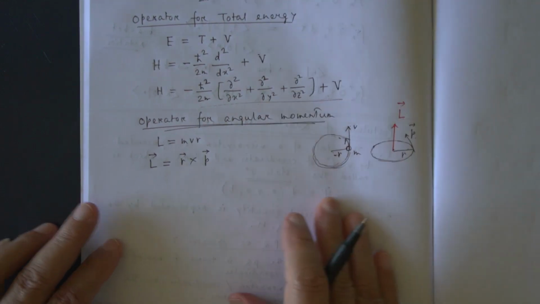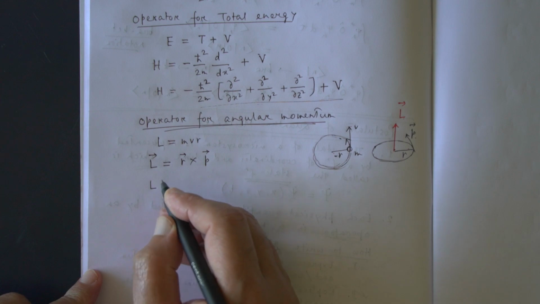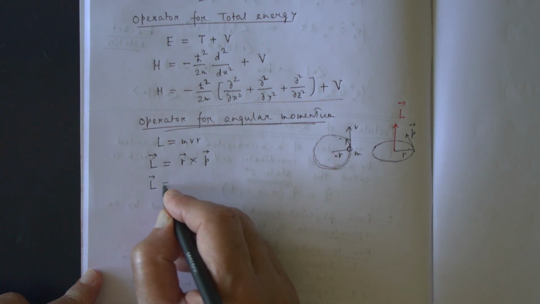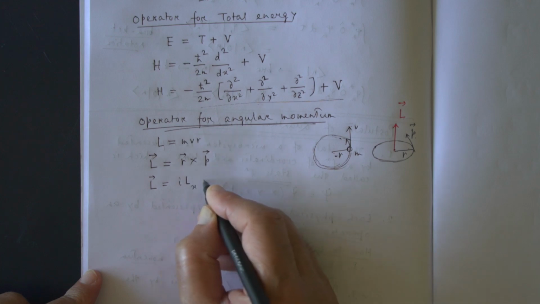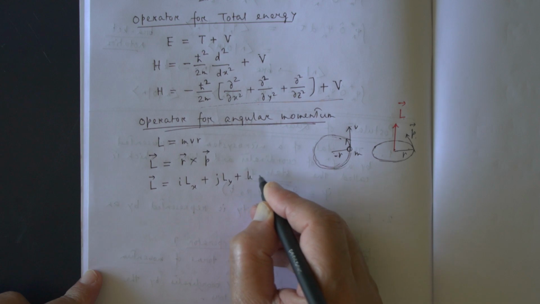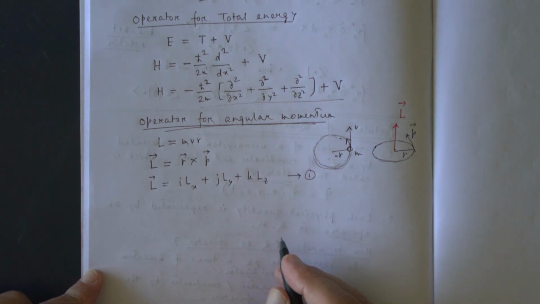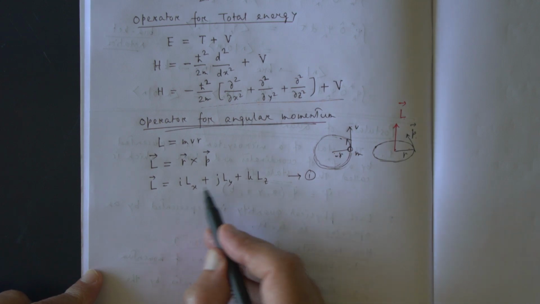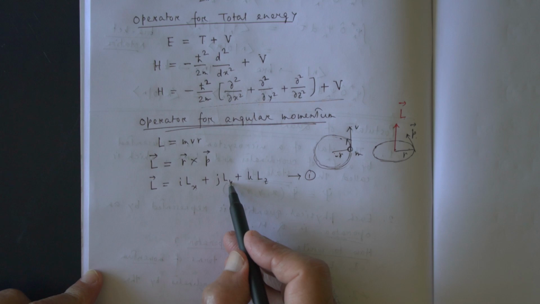Since this is a vector quantity, it will have components. So I can write in terms of unit vectors like this: i Lx plus j Ly plus k Lz. So this is number 1. I can write like this: i, j, k unit vectors, Lx, Ly, Lz.